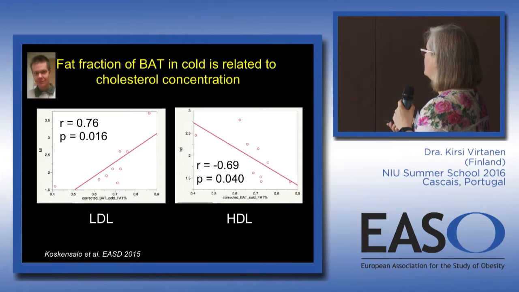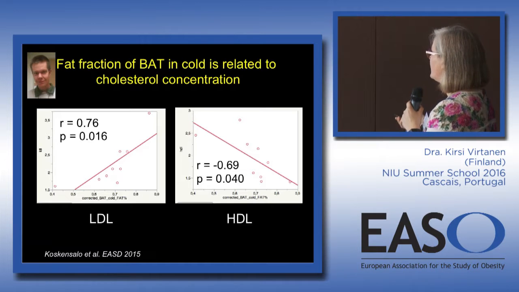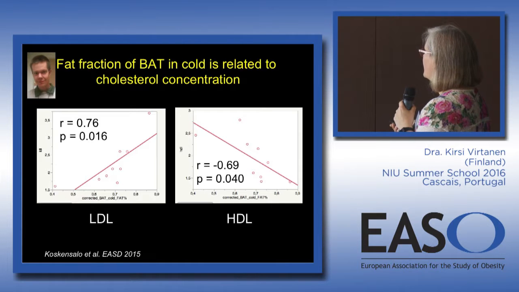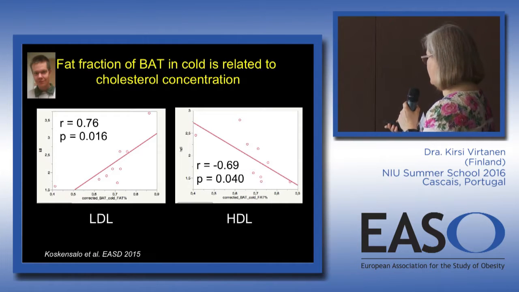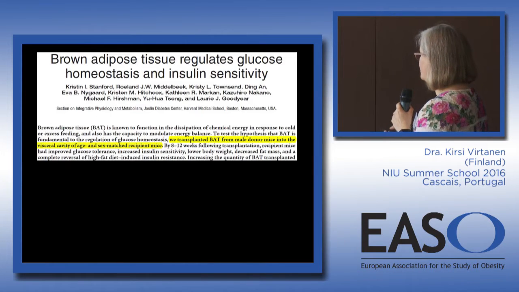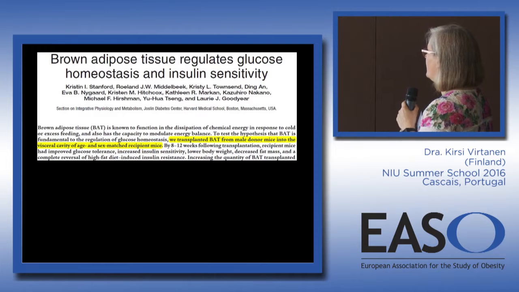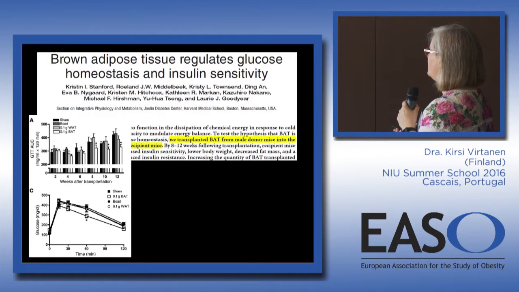But also glucose homeostasis and insulin sensitivity has been shown to improve in animals. Again, brown fat was transplanted to mice, and it clearly showed that both glucose levels and the area under curve during glucose tolerance test were improved by the transplantation.